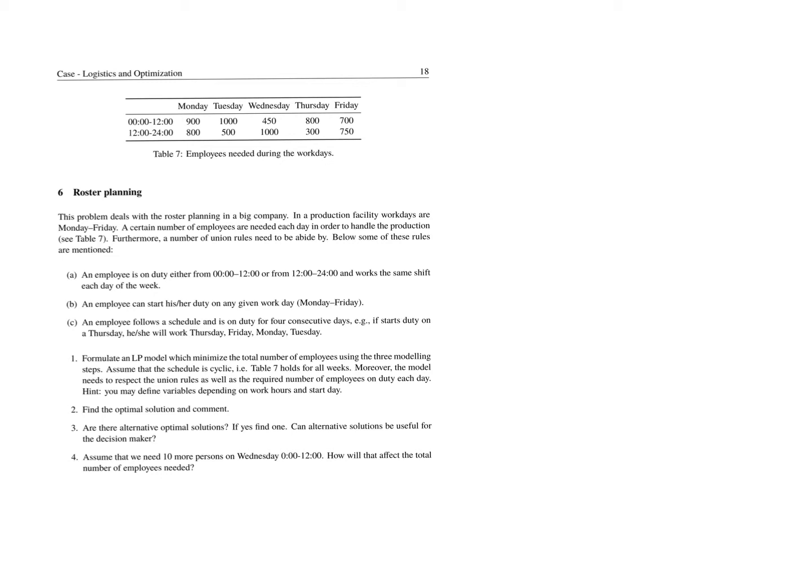So first, let's see how we should define the decision variables. We could define one single variable with 2 indexes. For example, x_ig, where i can denote the shift, and g can denote the weekday in each week, for example, Monday, Tuesday, Wednesday.